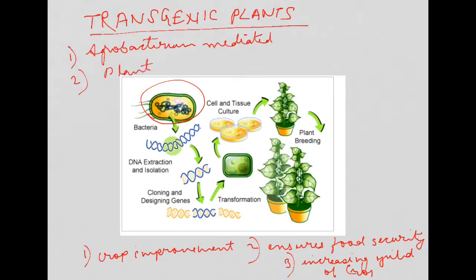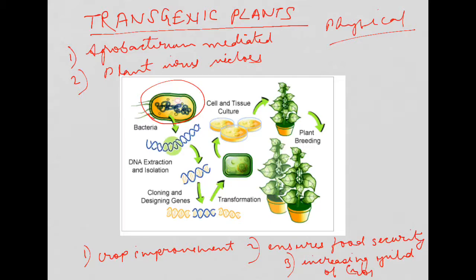There are also physical methods, which I have already discussed in separate videos: electroporation, micro-projectile, micro-injection, liposome fusion and so on. In this video we will focus on Agrobacterium-mediated gene transfer.